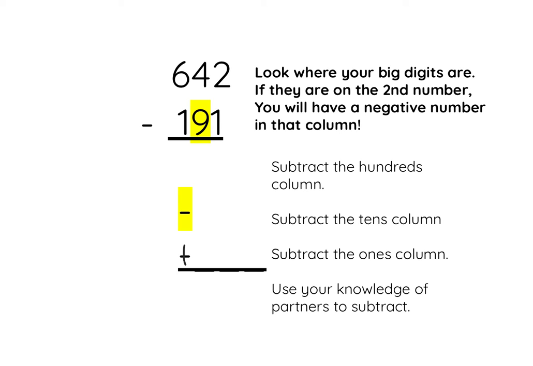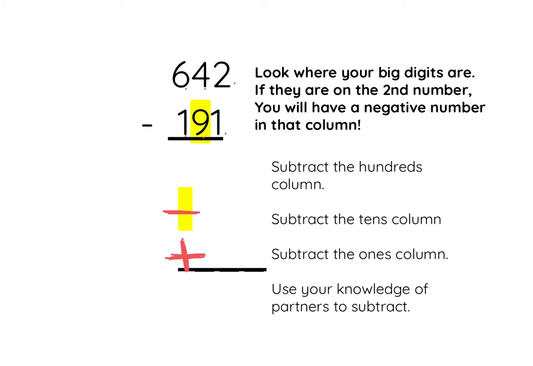So you'll notice that our 600 is larger than the 100, so that will be a positive number. Our 90 is larger than the 40, that's why we'll have a negative number. And our 2 is greater than a 1, so we'll have a positive number in our ones column.